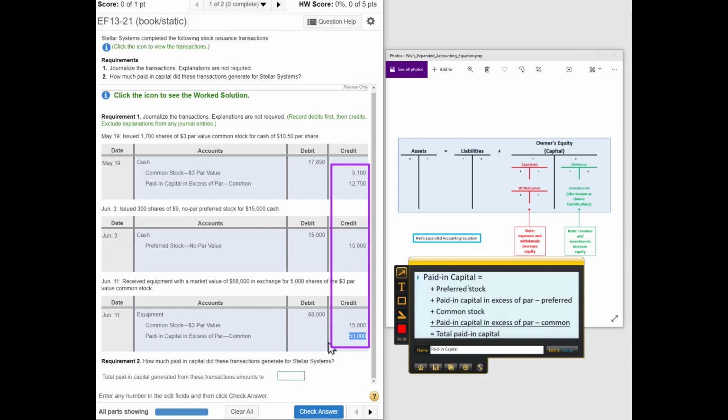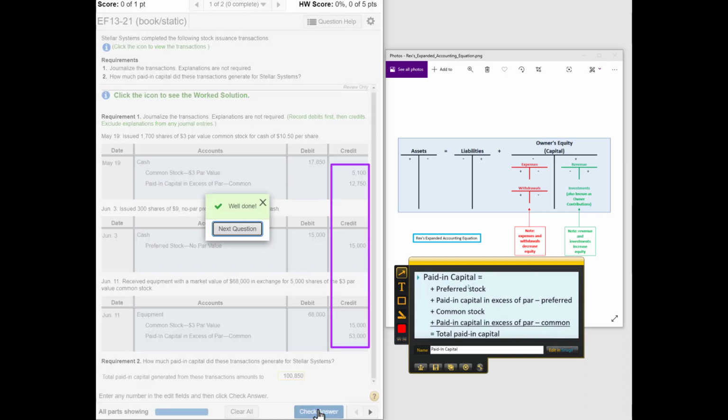So we're going to add up all these credits, and we get $100,850. So this $100,850 represents how much the stockholders have paid in to the equity. So basically it represents the investments from the stockholders. And that's it.